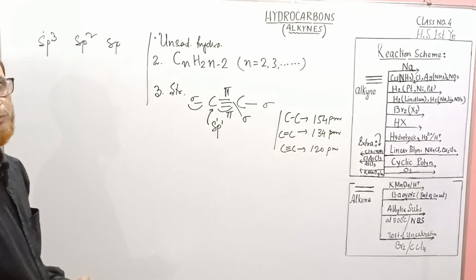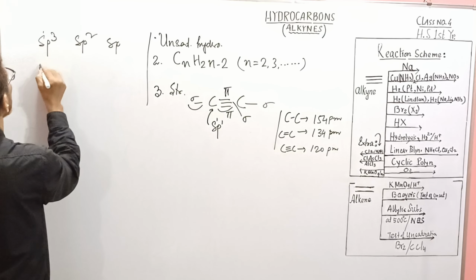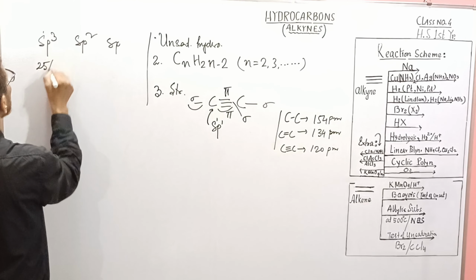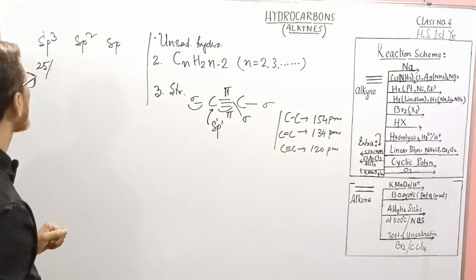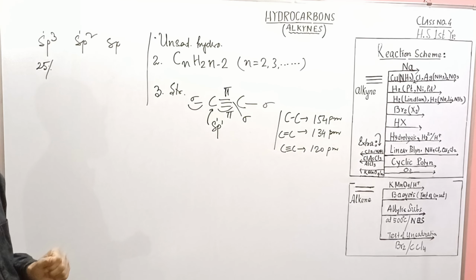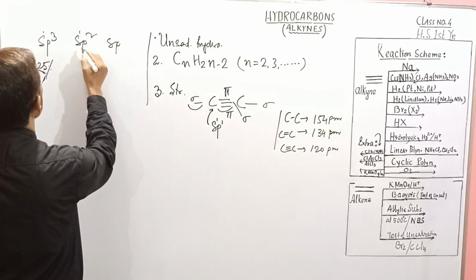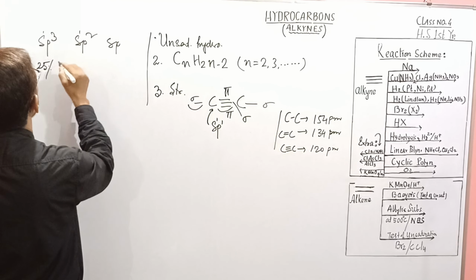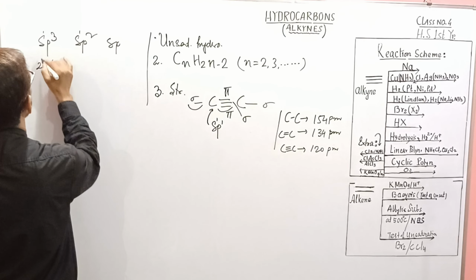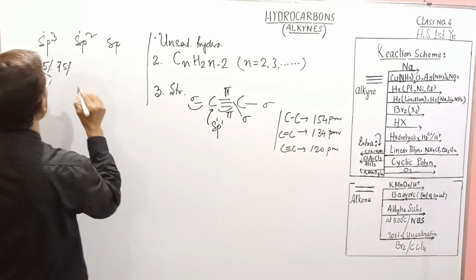Divide 100 by 4, it is 25. One part is S, 25. In sp2, it is 1 and 2, 3 parts. Divide 100 by 3, 33.3. So in sp3, S is 25, P is 75.